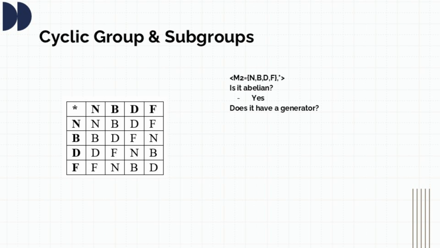The generators in this group are B and F. Therefore, it has a generator. So, now we can conclude that this subgroup is a cyclic subgroup because it satisfies all of the given conditions.